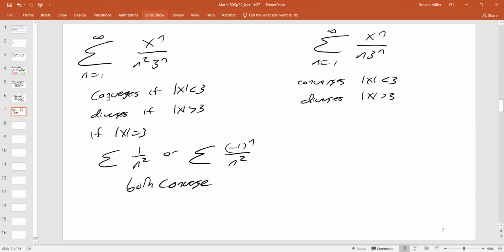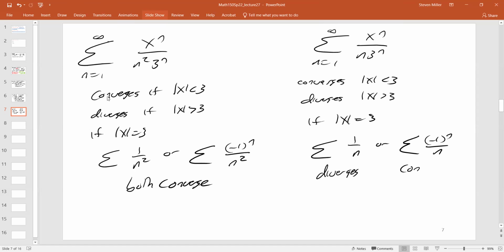Now over here, if the absolute value of x equals 3, we have the sum of 1 over n, or the sum of -1 to the n over n. What's true in this case? Yep, so one diverges, one converges.